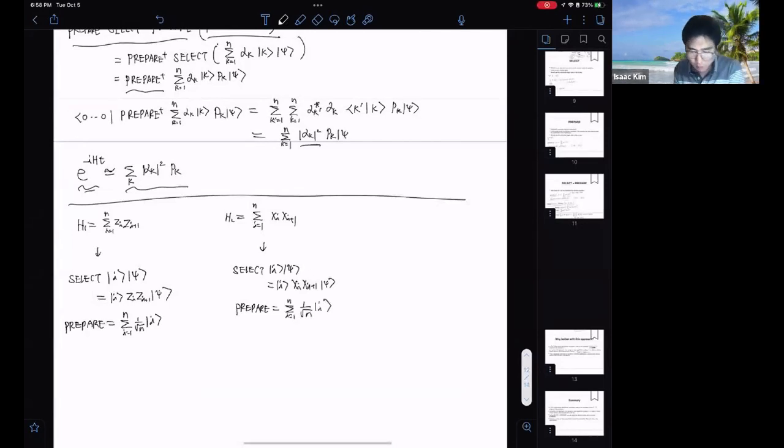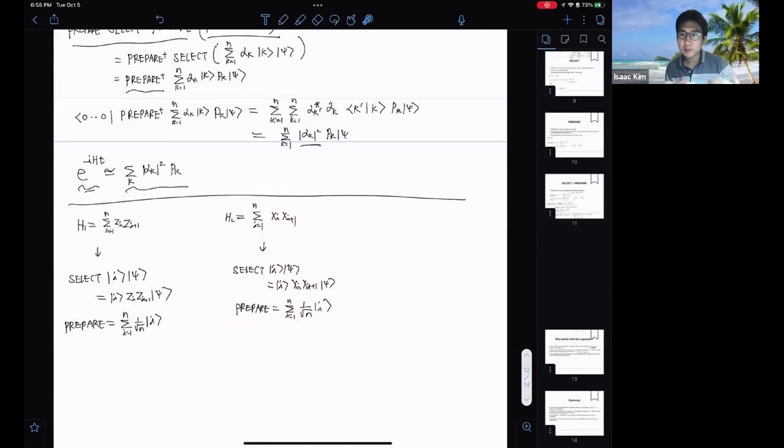So maybe one way to say this is that the select and prepare, both of them, do depend on the Hamiltonian, but the choice of select depends on the operators that you're using, and the choice of prepare only depends on the coefficients.